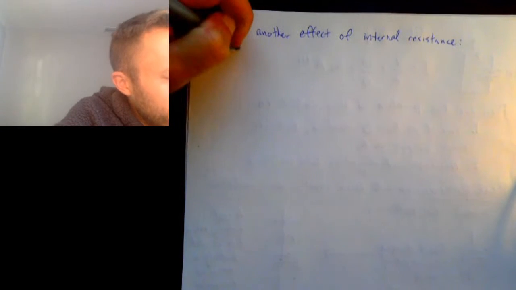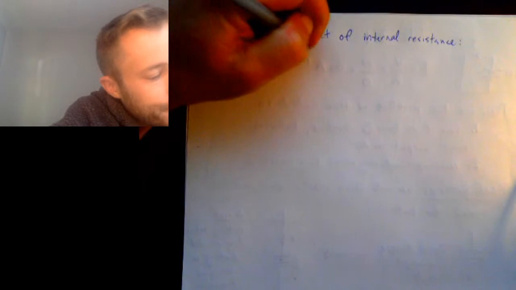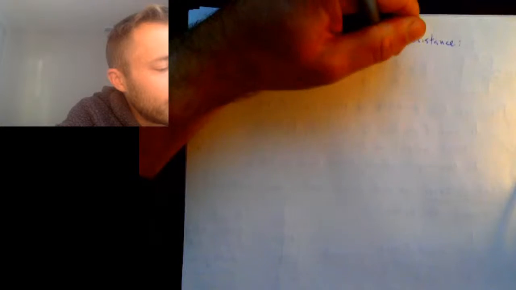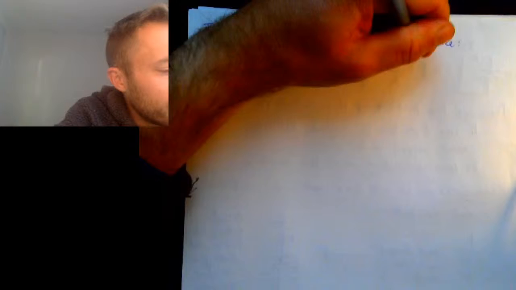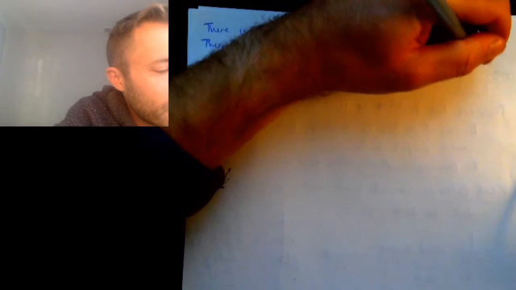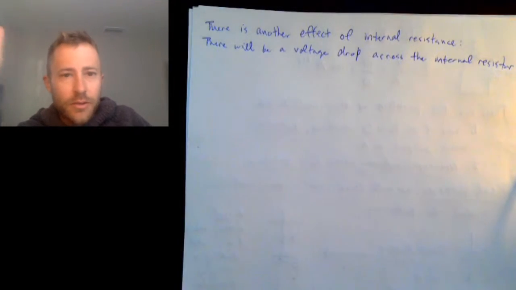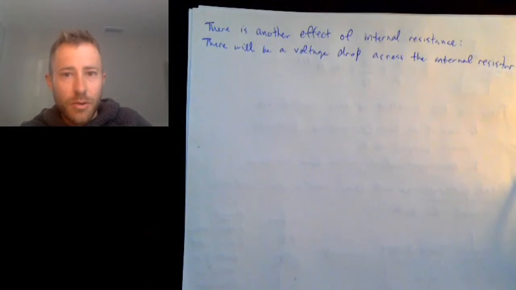There will be a voltage drop across the internal resistor, because the internal resistor is going to have current flowing through it. And so as a result, according to Ohm's law, it's going to have a voltage drop across it.